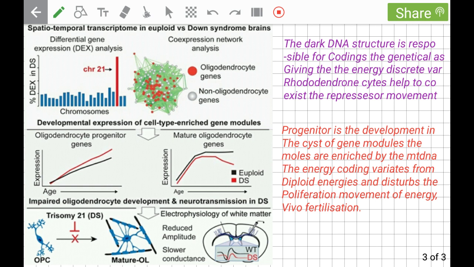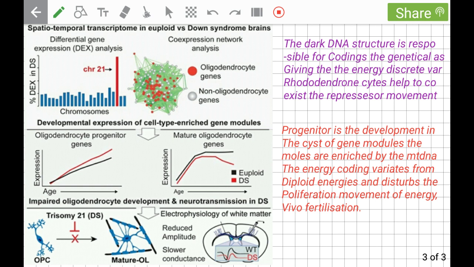It can change and vary through the lactic process. So this is the energy's parabolical state. The dark DNA is responsible for coding, as we know that. So the rhododendron is having its sites for reprocessment, as I have told about it.